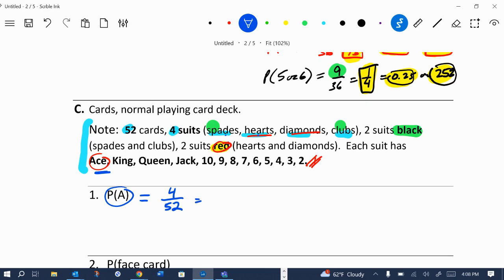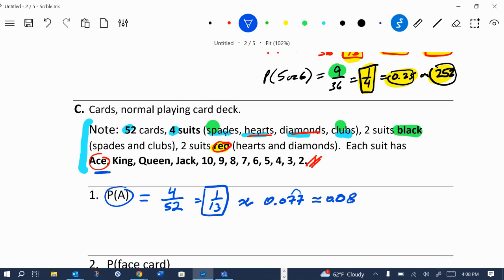Well, 4 over 52 reduces to 1 over 13, and that's approximately 0.077 or 0.078, because it goes on forever with these 7s. So I think I'll round it to just 2 decimal places.